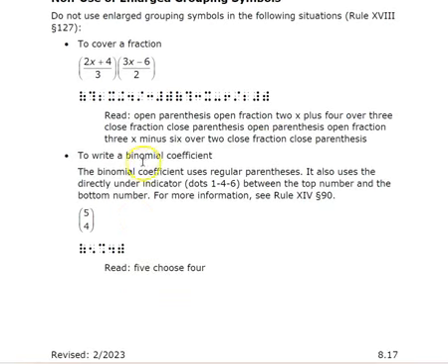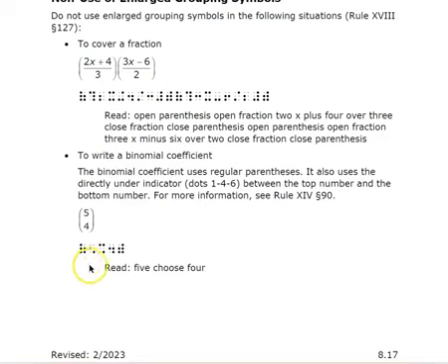If you use a binomial coefficient, again, you don't use the enlarged parentheses. You use regular parentheses and go linearly across the line.